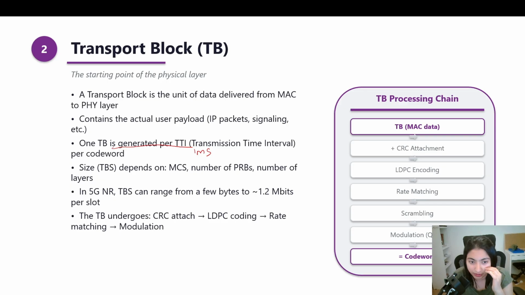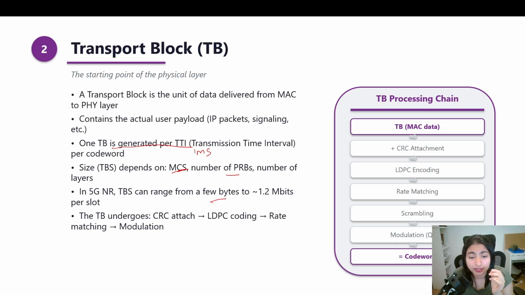It depends upon the MCS, the modulation and coding scheme, the number of PRBs, the number of physical resource blocks, and the number of layers or rank of the channel. And thus the size of the transport block can range from a few bytes to around 1.2 megabits per second.